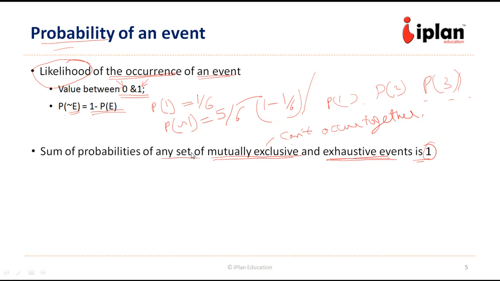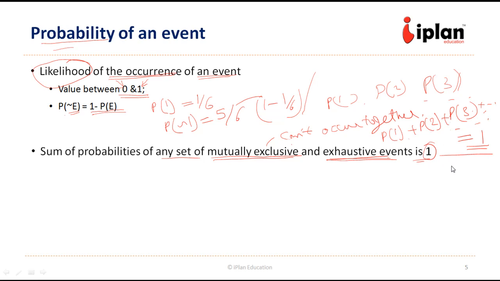For example, if we look at the sum of these probabilities on a throw of dice, then probability of occurrence of 1 plus probability of occurrence of 2 plus probability of occurrence of 3 and so on, all the probabilities, sum should be 1. So in this case, each of them is 1 by 6 and we have 6 cases. So sum of it is going to be 1.